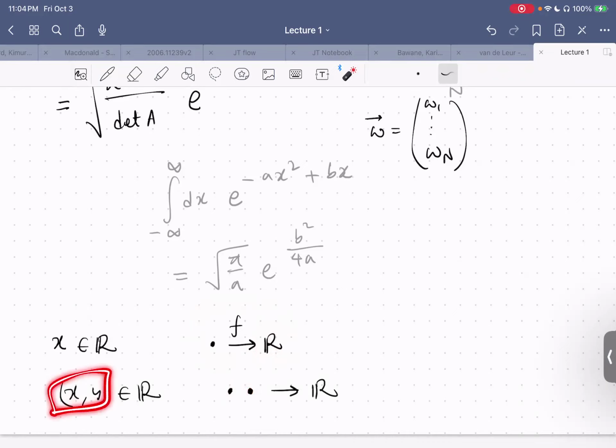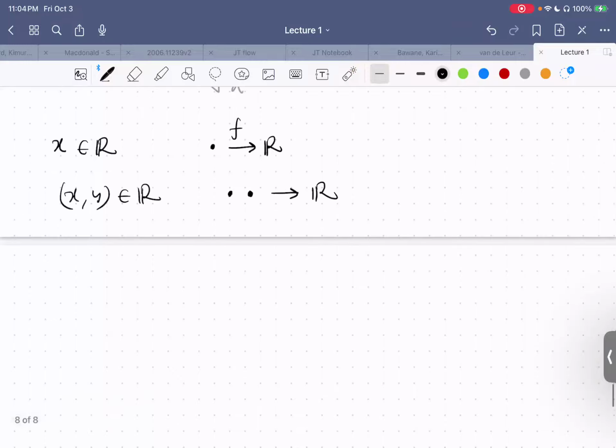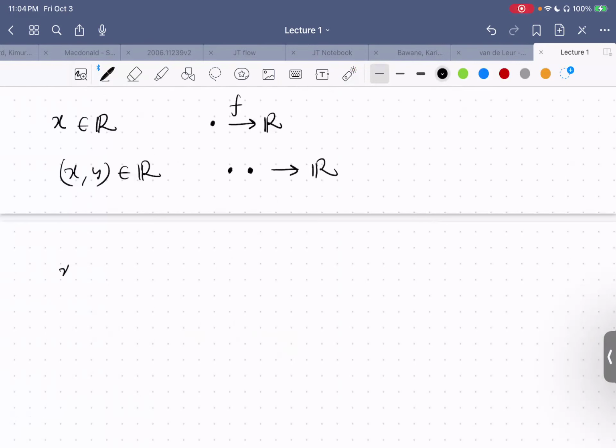So a pair of real numbers is the same as a function on the set of 2 points. Similarly, an n-component vector, x1 through xn, is nothing but a function on the set of n points. Okay, so there are n points.